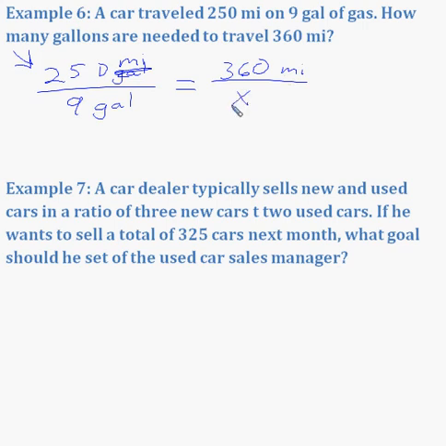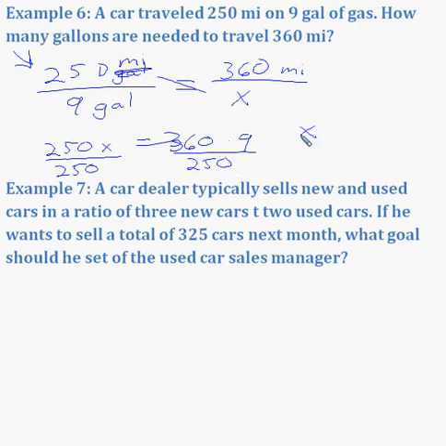And we learned that we could solve proportions by cross multiplying, so this would be 250x equals 360 times 9, and dividing both sides by 250, we can figure out what x is.